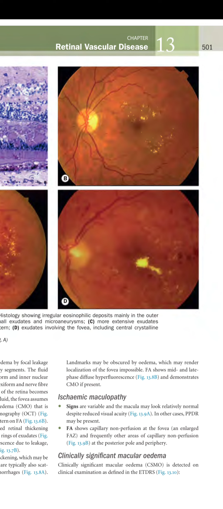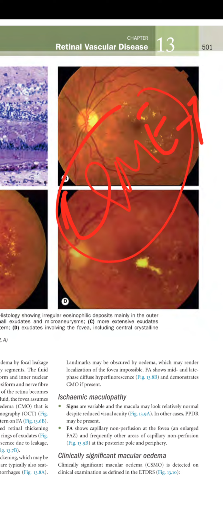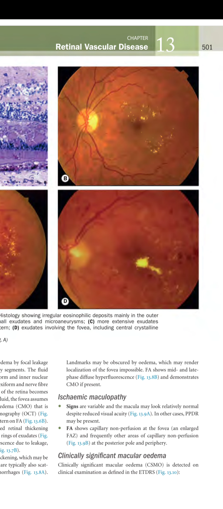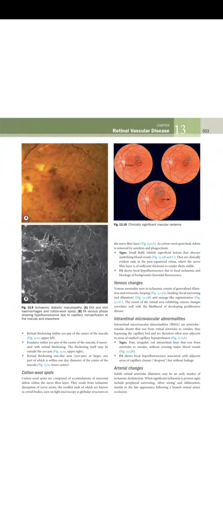So next is clinically significant macular edema. Clinically significant macular edema is basically a type of macular edema depending on how it is visible clinically. So CSMO is detected on clinical examination as defined by ETDRS.